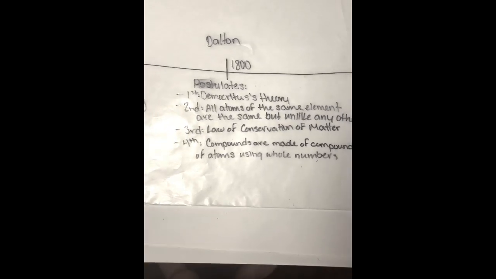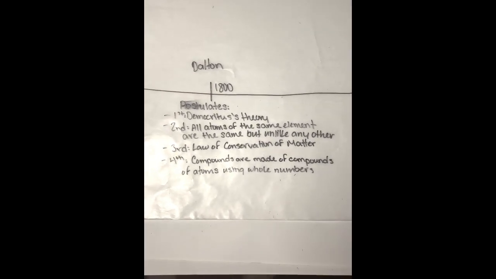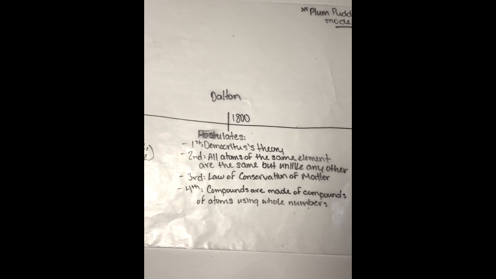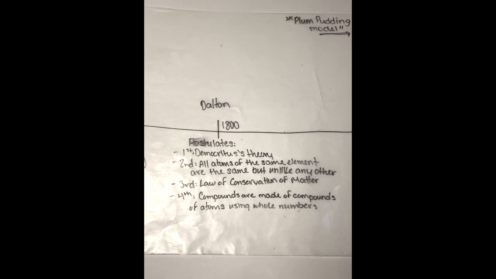Dalton, in 1800, created his postulates, the first of which was Democritus's theory. The second was that all atoms of the same element are the same but unlike any other. And this means that if there's an element with variations, those variations will stay the same.